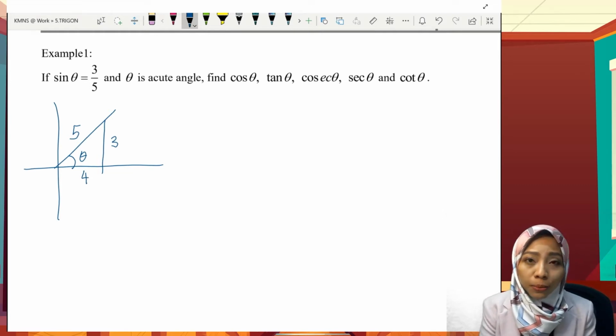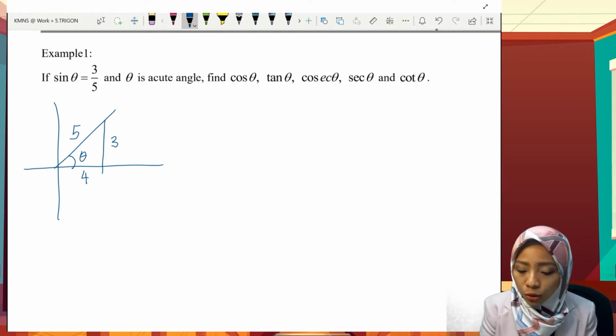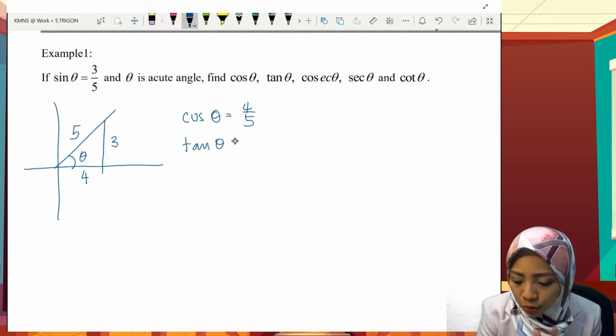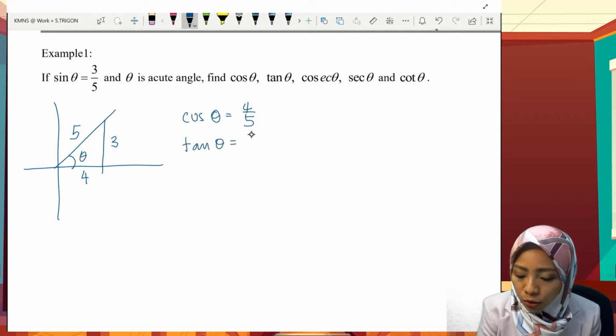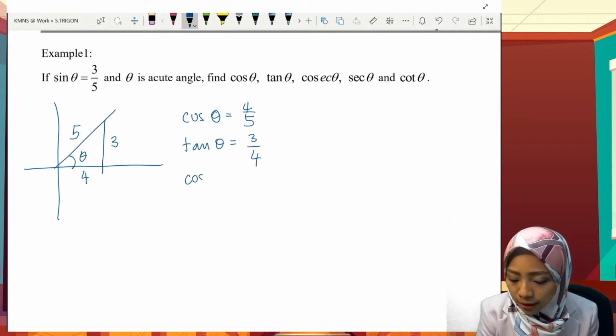Once we completed the sides, we can find all the things that the question wants. So cos theta equals to 4 over 5. Tangent theta equals to 3 over 4. Cosecant theta equals to 1 over sine theta.